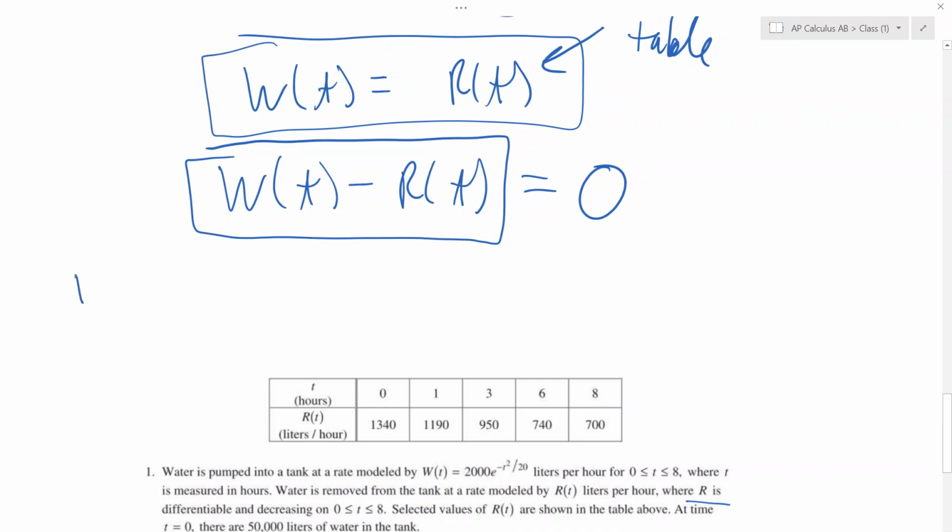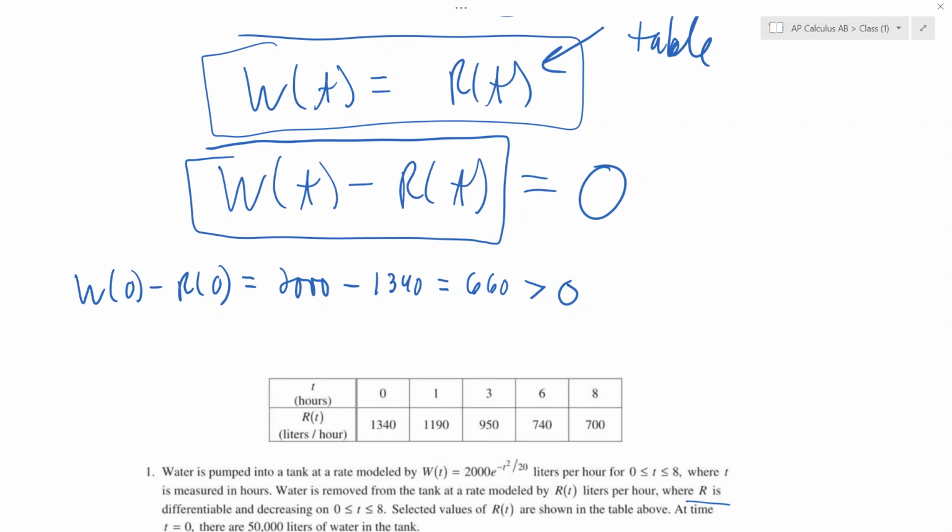But I have to show that it goes from above to below that. So I'm going to find W of 0 minus R of 0. W of 0 is 2,000. R of 0 is 1340. That's 660, but regardless of that, it is positive. That's what matters. It's above 0.